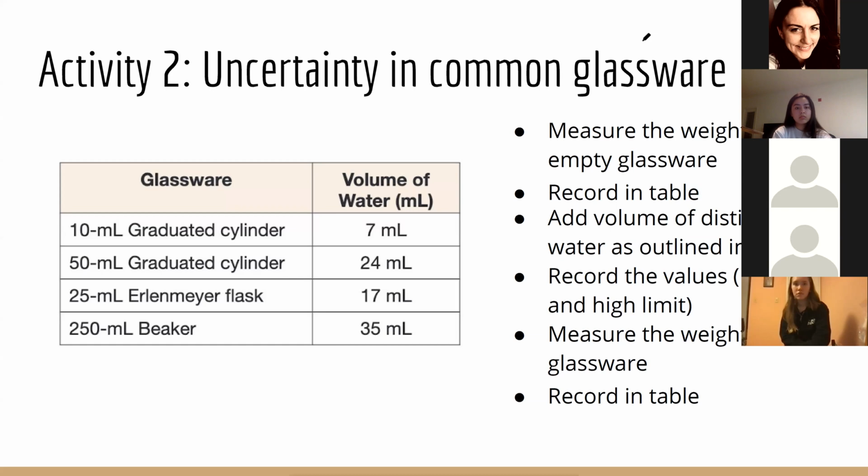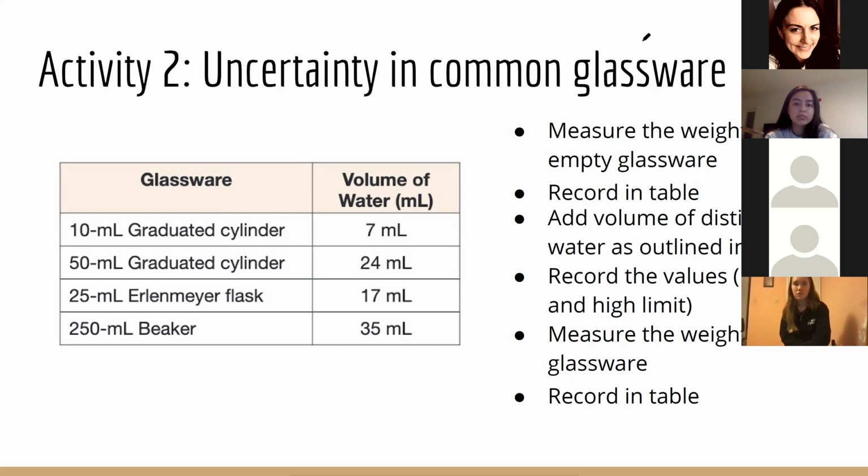So you record the values. You get a lower limit, especially with your Erlenmeyer flask. It's going to be really hard to figure out what 17 is, but give what you think is the lowest volume it could be and the highest volume it could be, and measure those two.